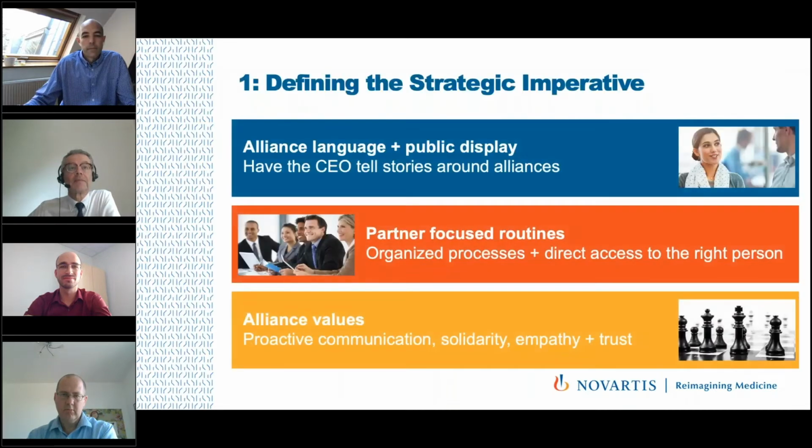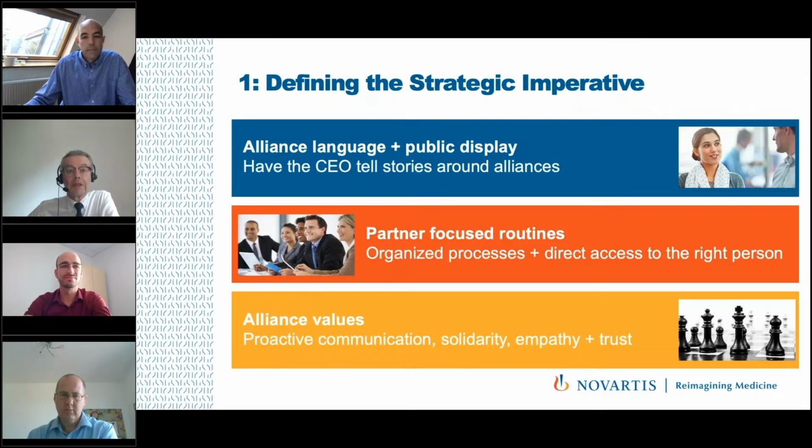Next slide, then. For the alliance management concept to be really effective and meaningful, it needs to come from the top of the organization and be embraced by all levels of your organization. And the alliance mindset is most often seen in three areas, such as alliance language and public display.